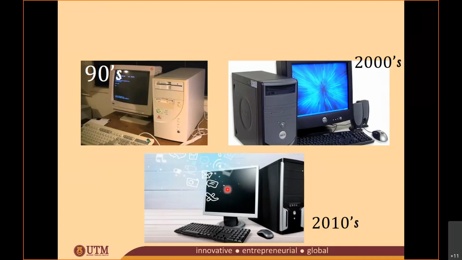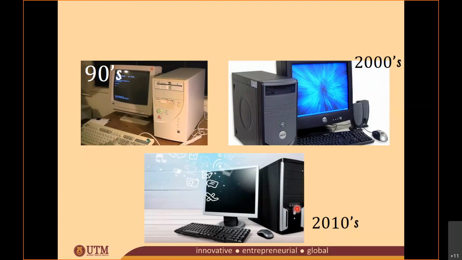Of course 2010 kamu dah ada LCD screen, ataupun LED monitors. Lepas tu kamu tengok kat sini, yang ni guna untuk apa? This is your floppy disk. Yang ni yang besar punya, and this is the floppy disk yang kecil. But in 2000, no longer use the floppy disk. Sekarang dia dah pakai DVD. But in 2010, DVD pun dah tak ada.